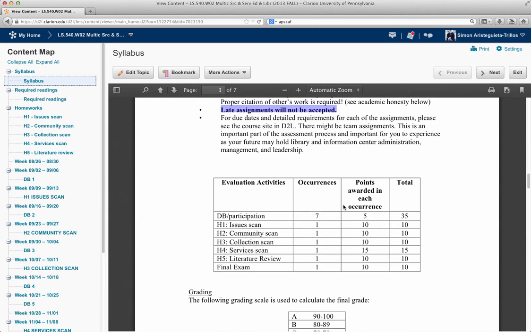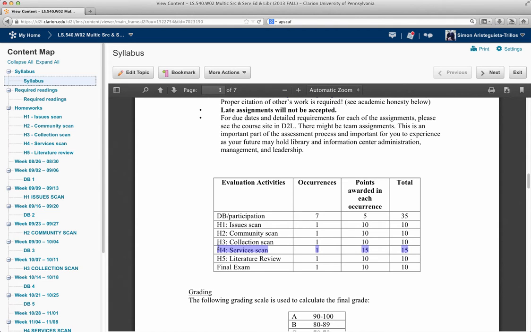But that's an awareness about the diversity and multicultural world that we live in. Okay? And I'm going to go into more detail about that. So we have the DBs. We have 7 times 5, that's 35. Each homework is 10 points except for services scan, which I think is more important. Not more important, but it may require a little bit more work.